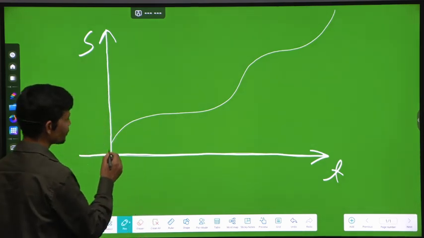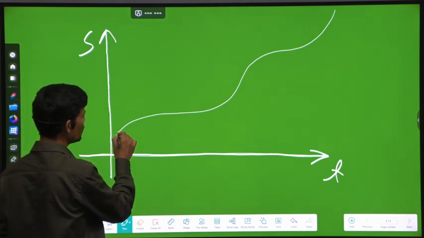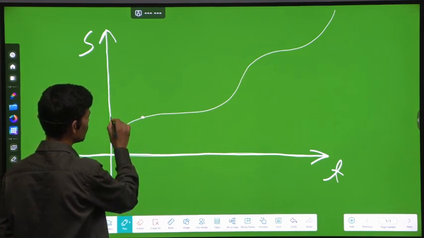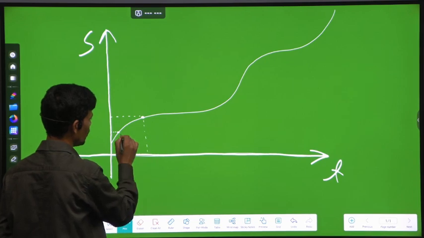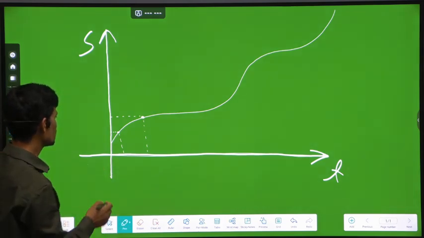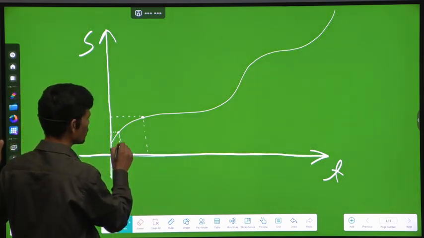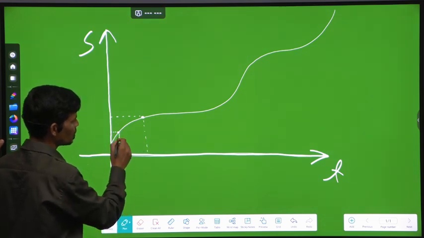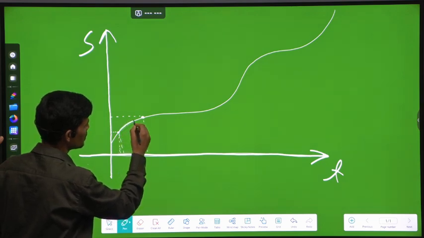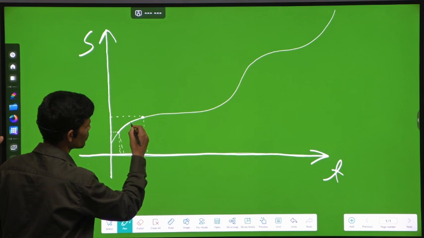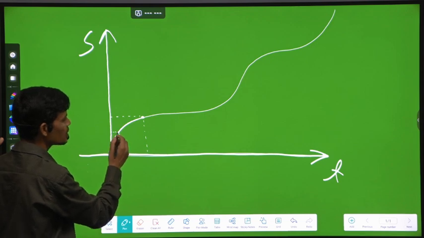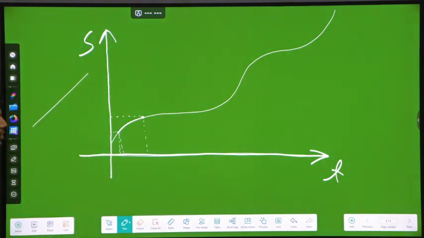Now see, if I want to find velocities, let us suppose this is a displacement time graph. So I'm interested to find velocities for this region. You can see at this region there is a variation. Slope is changing, displacement is changing, and it is not changing in a regular manner.